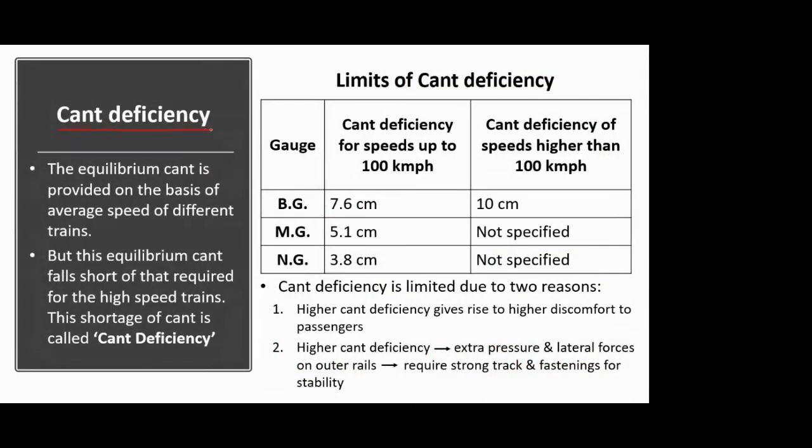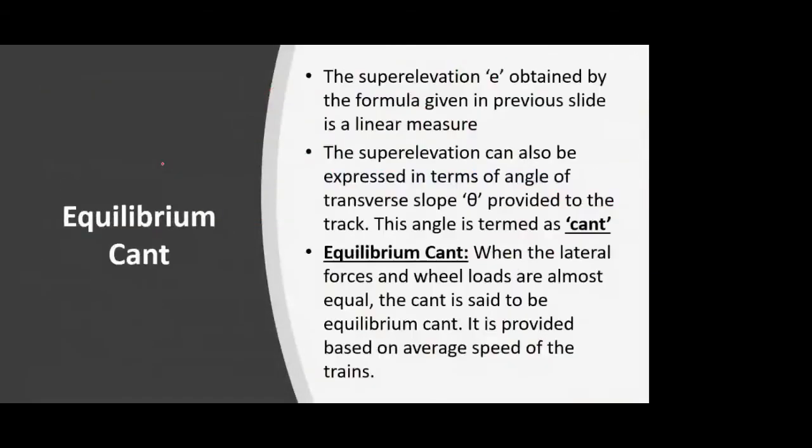Now there is something called Cant deficiency. If you have understood the equilibrium Cant, you will understand this Cant deficiency. Just to revise the equilibrium Cant, you have different trains with different speeds, T1, T2, T3, and so on. You cannot provide different superelevations for each of the trains.